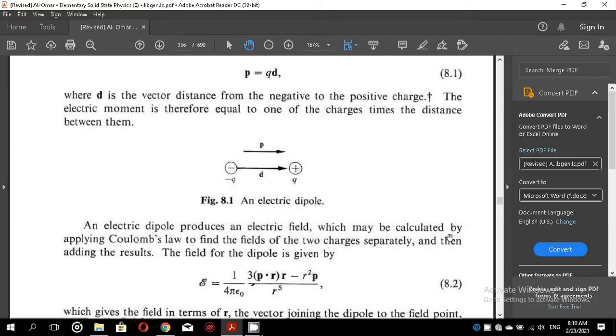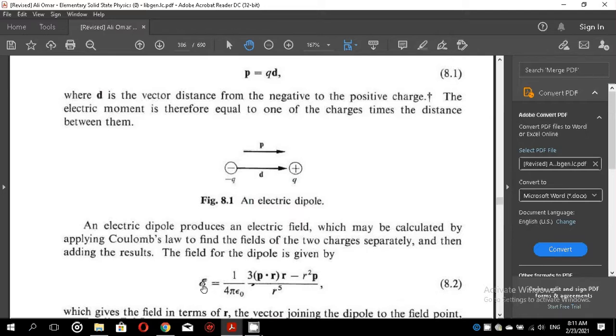In your previous classes, you may have evaluated the electric field due to a dipole like this, and equation 8.2 is the expression for the electric field at a point P, which is distant r from the center of this dipole.